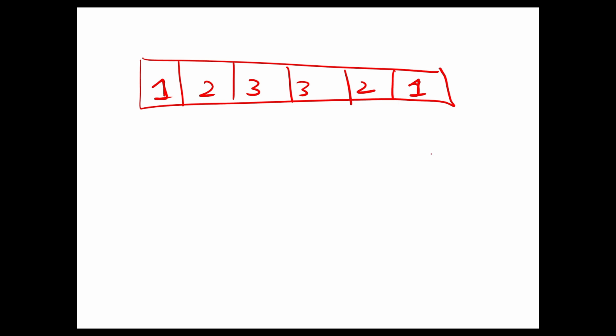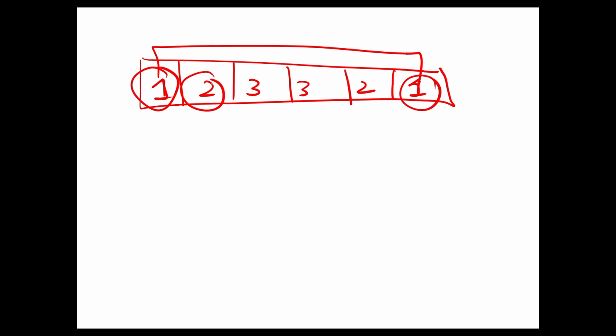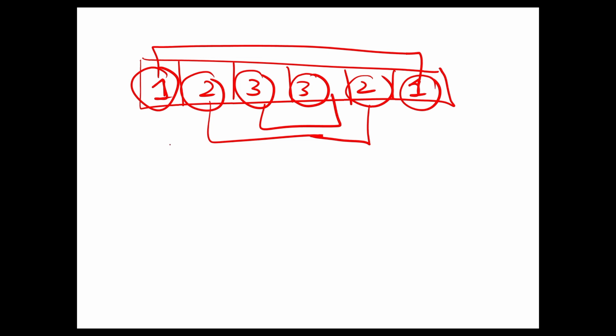To check palindrome, we only check that this element should be equal to this element, and this element should be equal to this element. The element at the index 1 must be equal to the element at this index. So we will traverse till half of the array and check the equality.